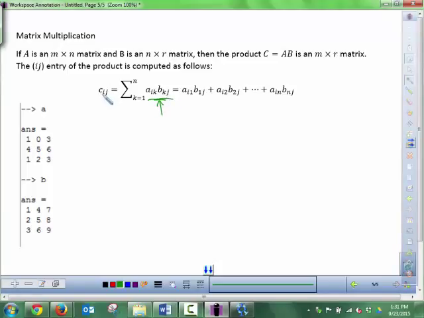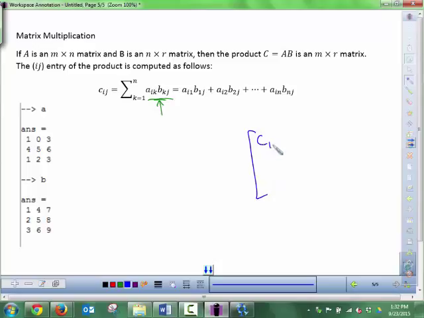This tells you if you're looking at the ijth element of your result, then the way you would find that is you would take the ith row of A and the jth column of B, and then essentially do a dot product, and that's going to give you your ij for the result. All right, so that whole thing is confusing, but let me just show you how to do it where it might be easier to understand.